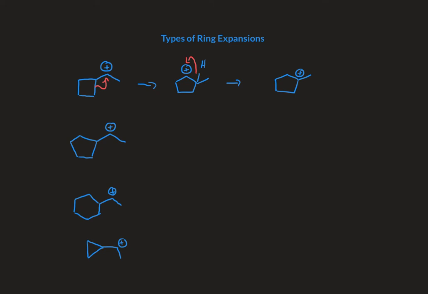5-membered rings can also rearrange, and so this can do a ring expansion. If I number my carbons, my carbocation, I'm going to give 1, 2, 3, 4, 5, 6. And so I'm forming a new bond between carbon 6 and carbon 1. That's going to give me a 6-membered ring. Carbon 1 had a methyl group hanging off of it.